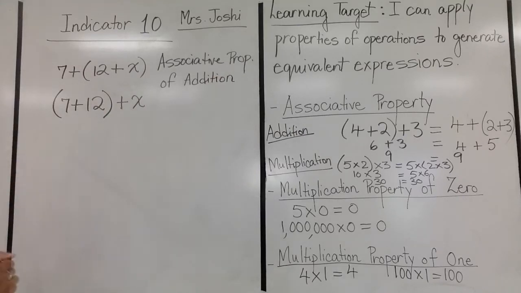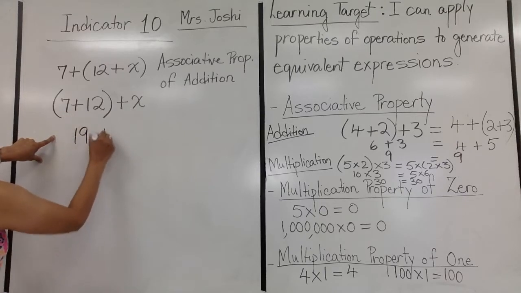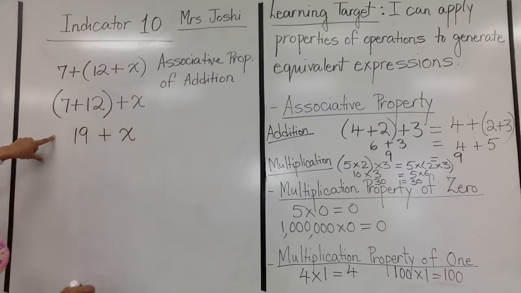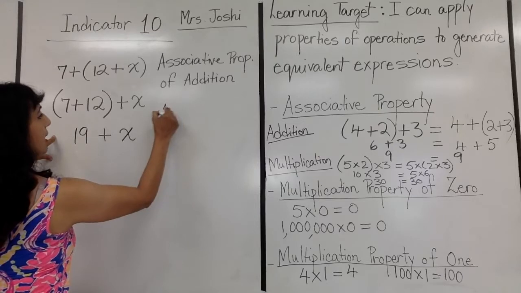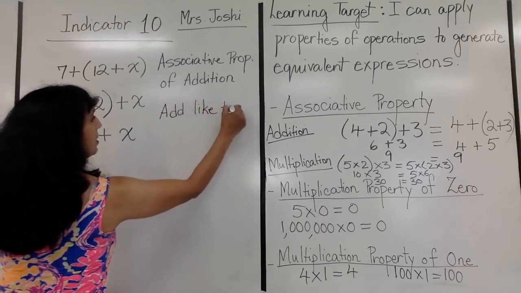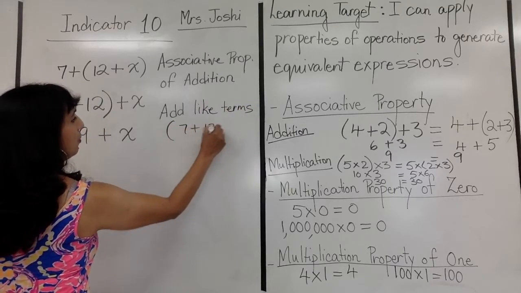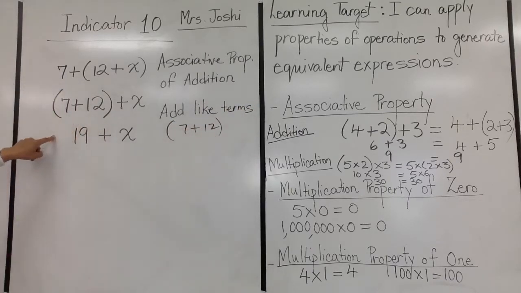Then I am going to add 7 and 12. When I add 7 and 12, I get 19 plus x. So you're adding like terms. In this case, it would be 7 plus 12. Those are the like terms.